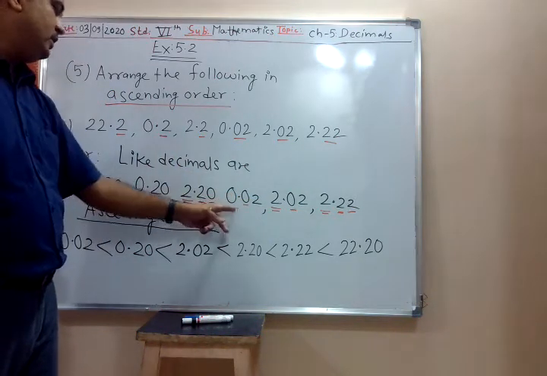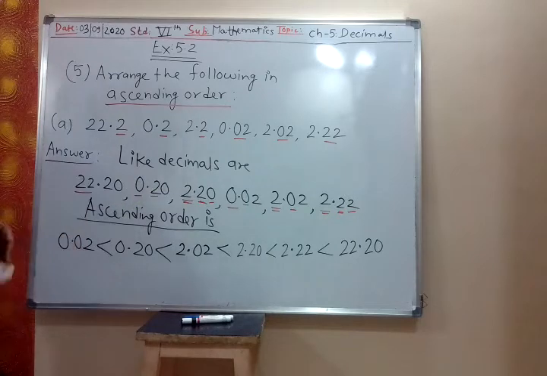Now of these two, which is smallest? This is smallest. In this way we arrange the numbers in ascending order.